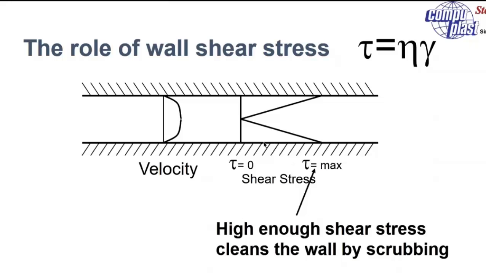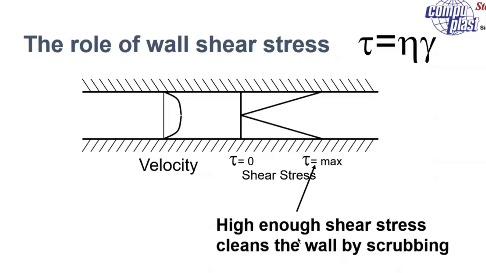Otherwise, if the shear stress is too low, we get a layer of stagnant polymer sitting at the wall, essentially not moving, and the polymer will just use as much of the flow channel as it wants. So you'll hear terms like rat holing or tunneling through the adapter or through the flow channel.